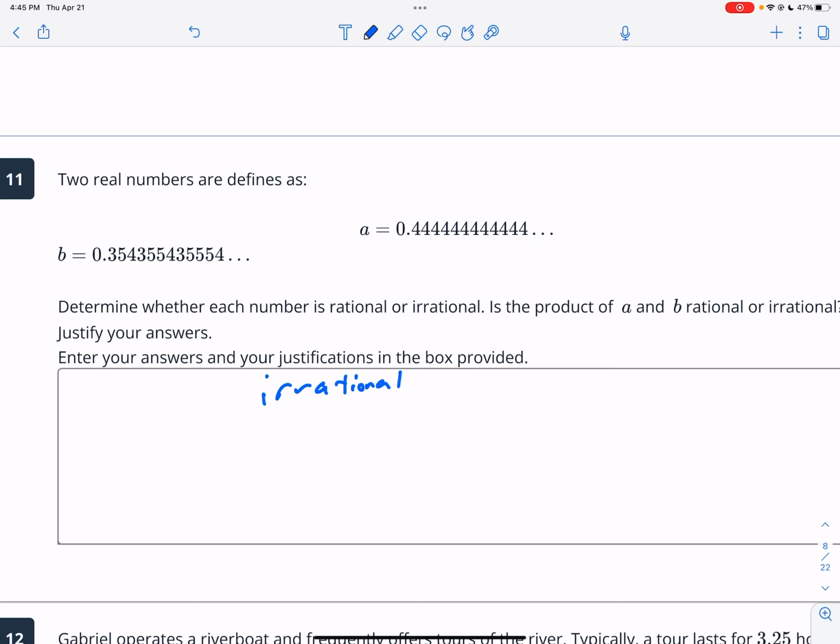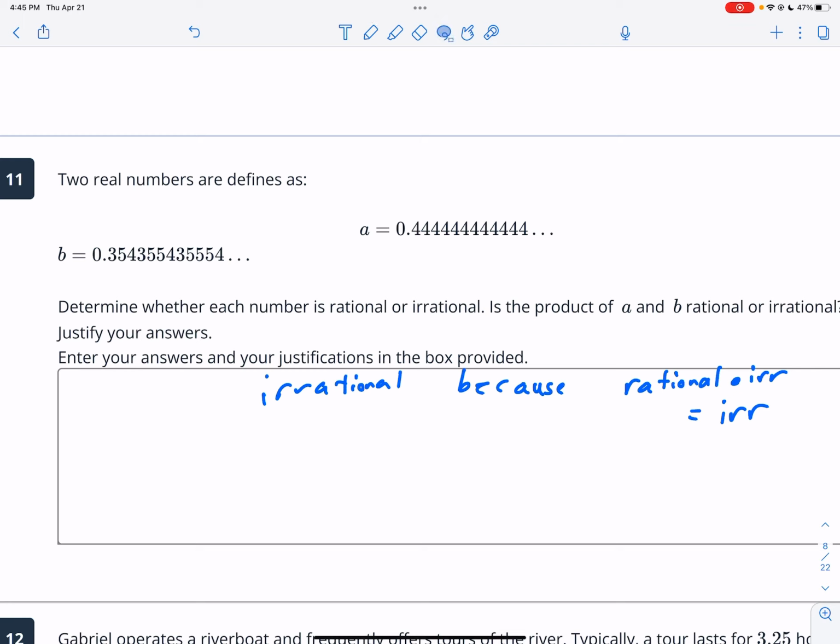Or you can say that it is irrational because multiplying a rational number times an irrational number gives you an irrational number. There is no way to multiply a rational number by an irrational number and for it to be rational. There are so many ways that you can describe it, but you want to explain it and not waste a lot of time. You need to write more than this, but rational times irrational equals irrational.